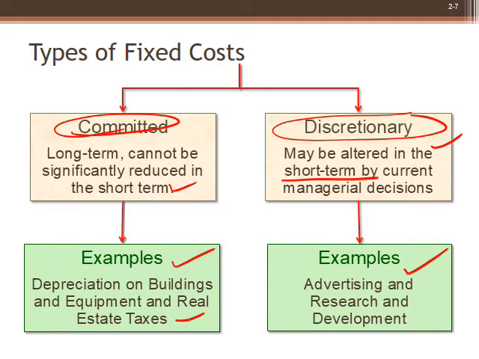Similarly, research and development. Okay, the project is for 5 years, and you decide that after 2 years we just cut the funding. We are not allocating our funds for research and development. That is called fixed cost by discretion.